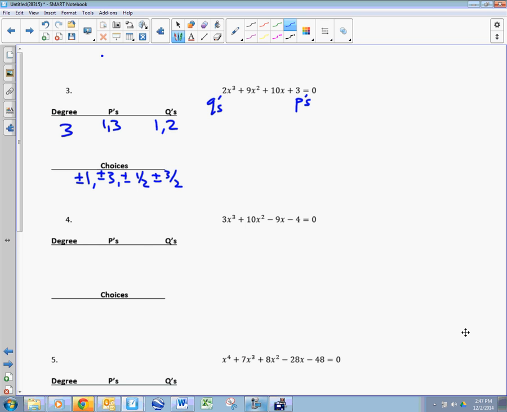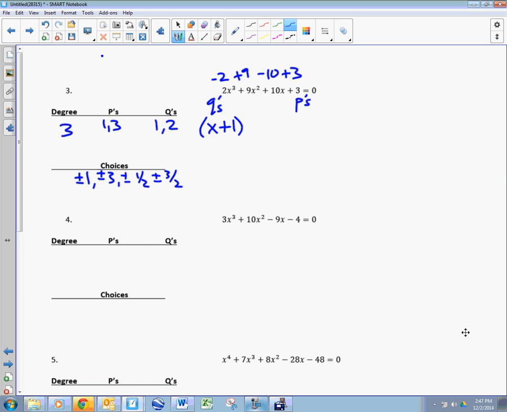So let's try -1. 2 times -1 to the third will give me -2. 9 times -1 squared, positive 9. 10 times -1, -10, plus 3. -2 plus 9 minus 10 plus 3, what is it? 0.